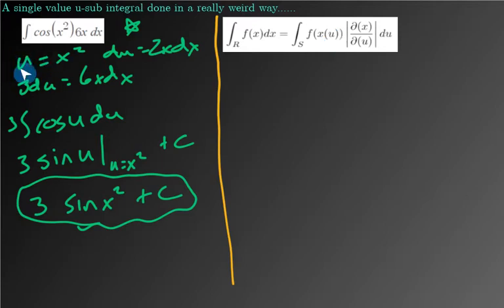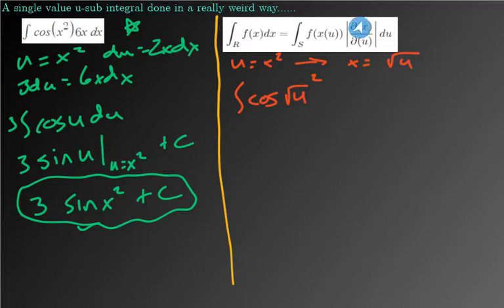I'm going to still use this, but write x as a function of u. So if u equals x squared, then x would equal square root of u, all right? And so I'm going to do the integral of cosine x squared, which is square root of u squared, right?